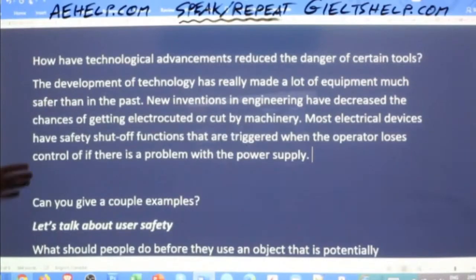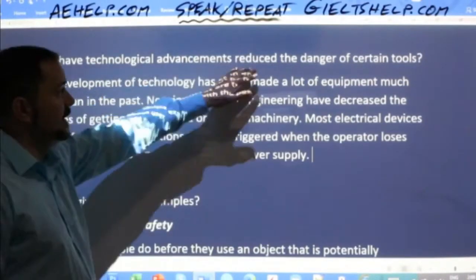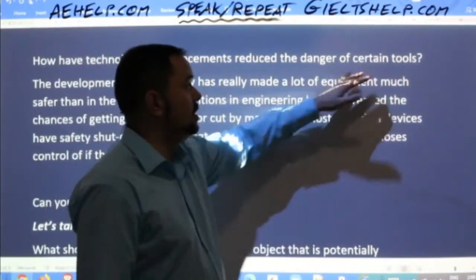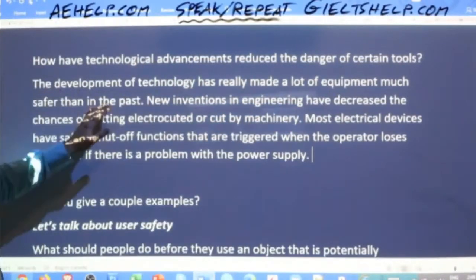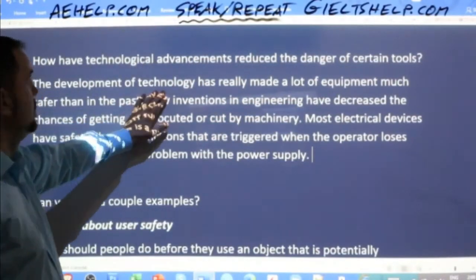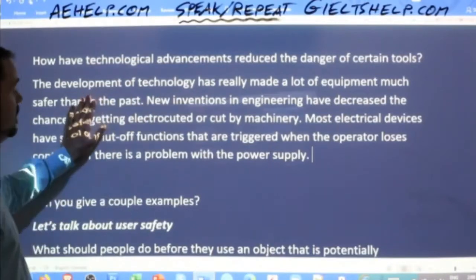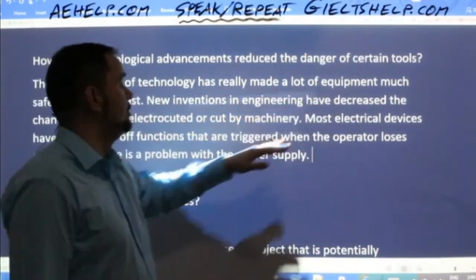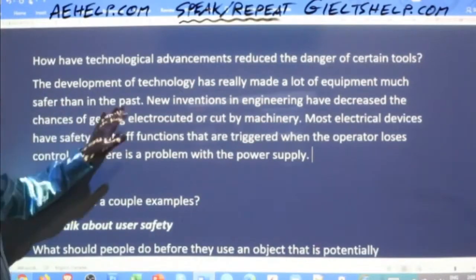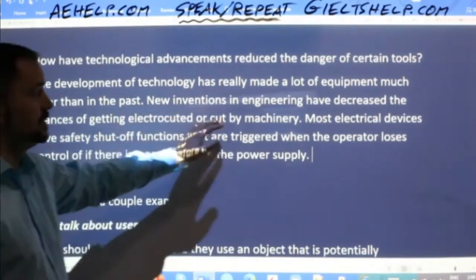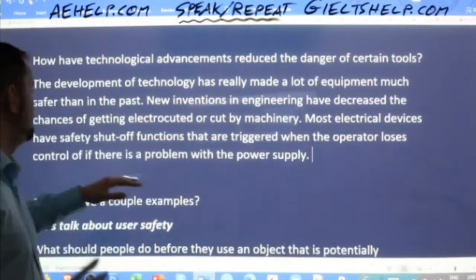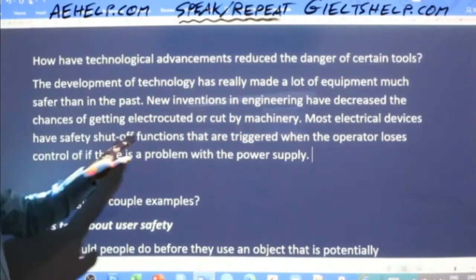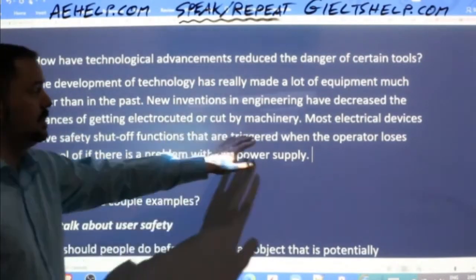So here we go. How have technological advancements reduced the danger of certain tools? The development of technology has really made a lot of equipment much safer than in the past. New innovations in engineering have decreased the chances of getting electrocuted or cut by machinery.